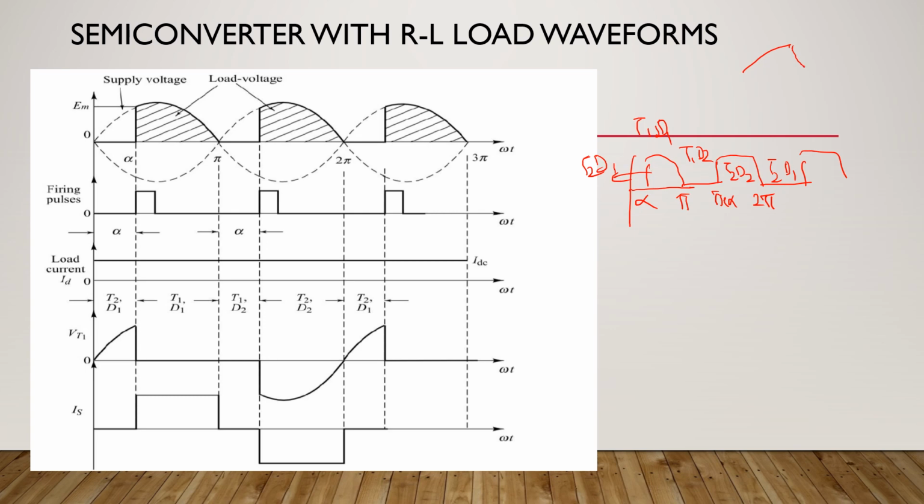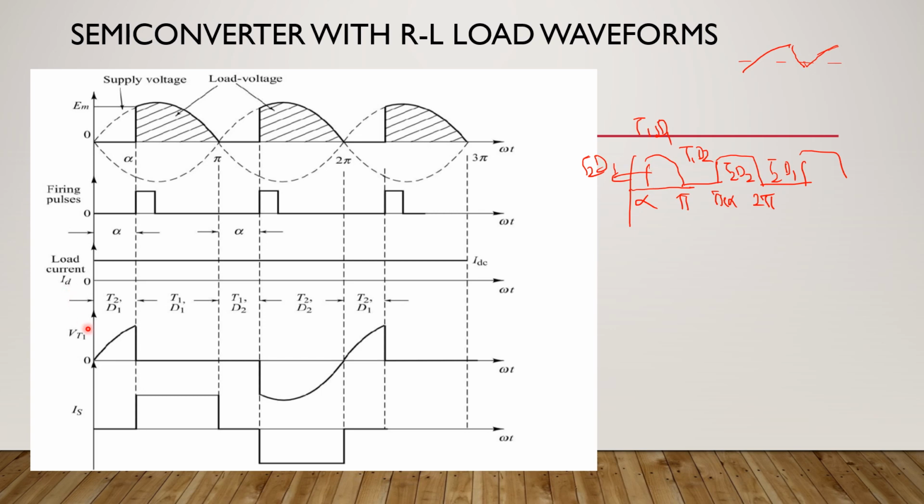But before that, the next cycle starts and the storing begins again. So the average value is approximately constant, and we are speaking about small alphas here. So we can see almost constant continuous current. This is what is meant by continuous current: there is always current through the load, so it is denoted by a straight line. This is the load current.